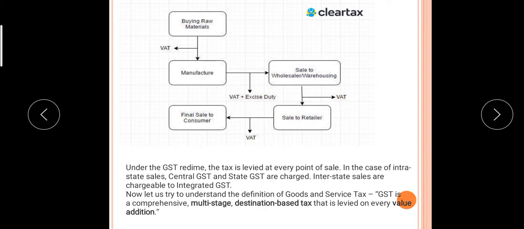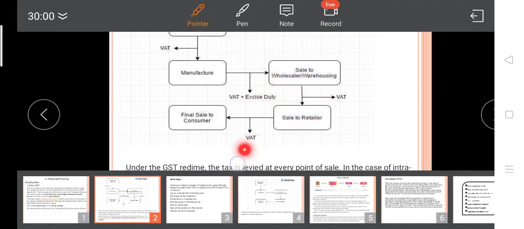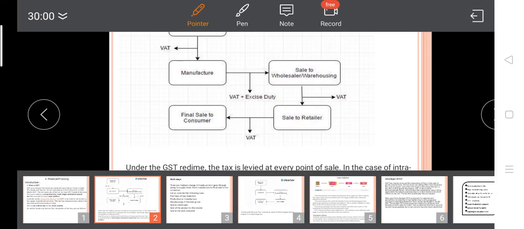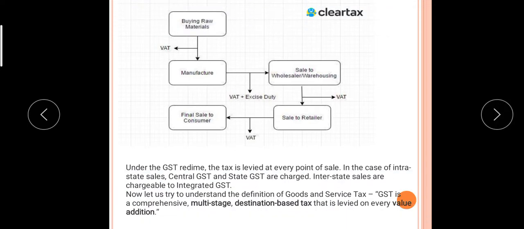On every stage we are paying, and all this VAT finally comes to the consumer. Consumer means customer. At last all this VAT is paid by the customer only, and therefore it is a multiple-stage indirect tax that we paid before GST. Now, after GST came, how did it change?